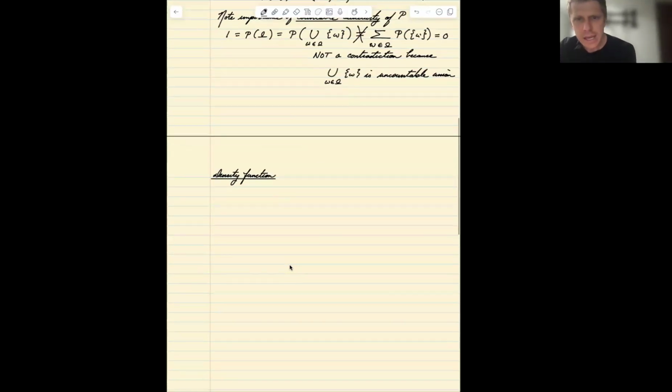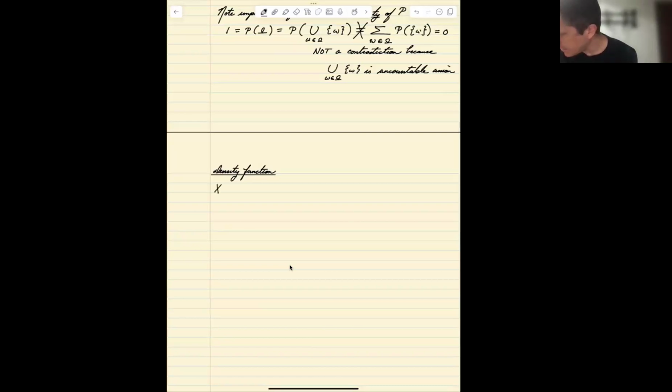So, a random variable has a continuous distribution. Let's assume, again, we have a probability space underlying all of this.